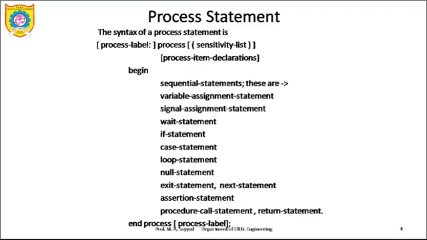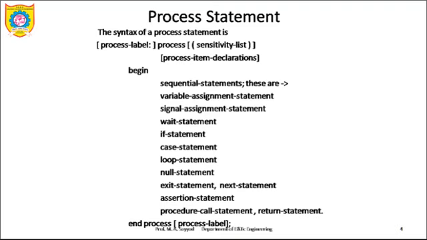Whenever you go for a process, you can define a process label and its sensitivity list. Sensitivity list means the process will be executed whenever an event occurs on the signal which is there in the sensitivity list.